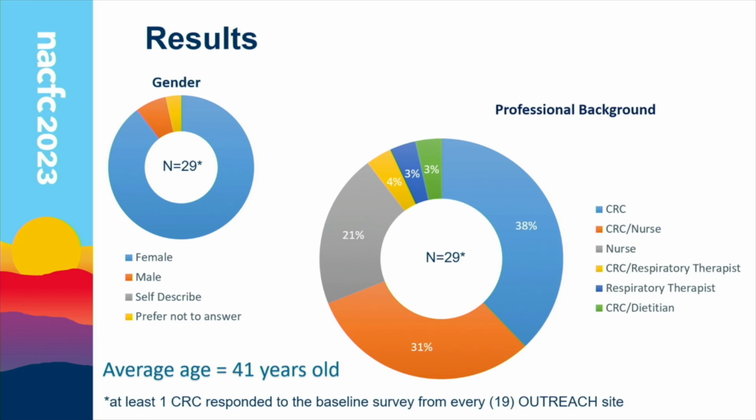And here's the self-reported background of the CRCs. So hopefully you can see, but 38 responded that they are CRCs. 31 responded that they were research coordinator nurses. 21 responded that they were nurses. 4 were CRC respiratory therapists, and 3 were respiratory therapists, and the last 3% were CRC dietitians.